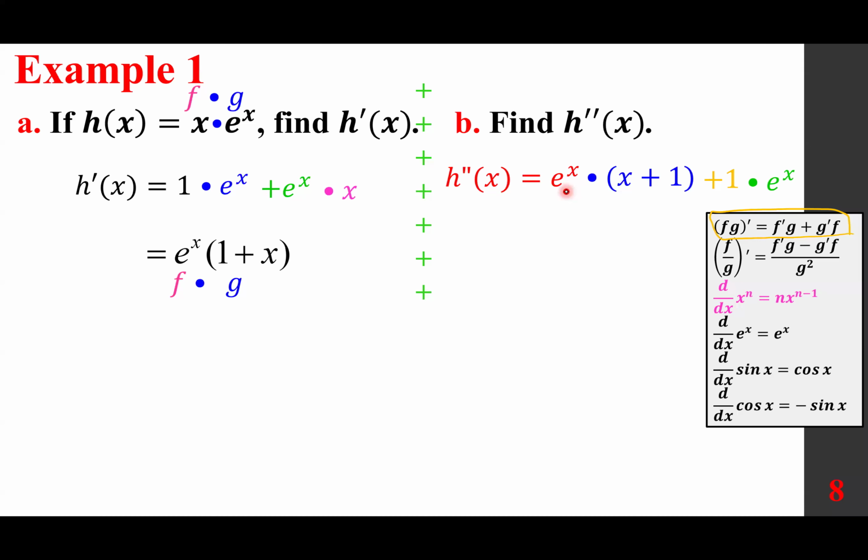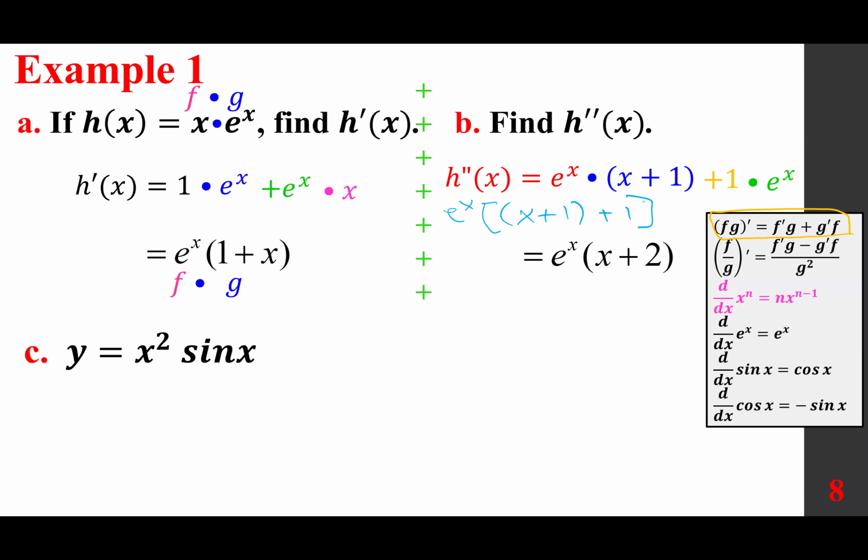Now, if I factor the e to the power of x out, I get x plus 1 and 1, which is x plus 2, and I'm done.